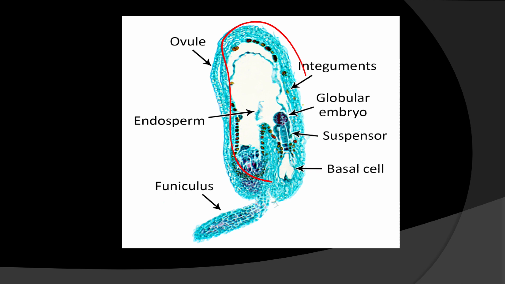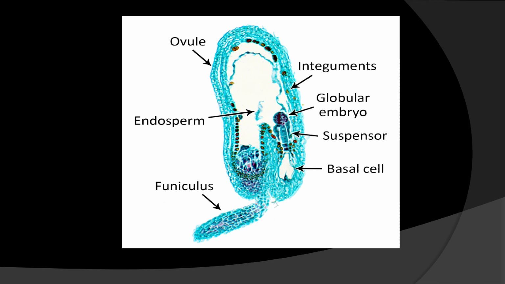This is what we call ovule, anatropous type of ovule. And this is the chalazal end. This one is the micropylar end. In the center you can see this is the embryo. This is globular embryo because it looks like a globe.